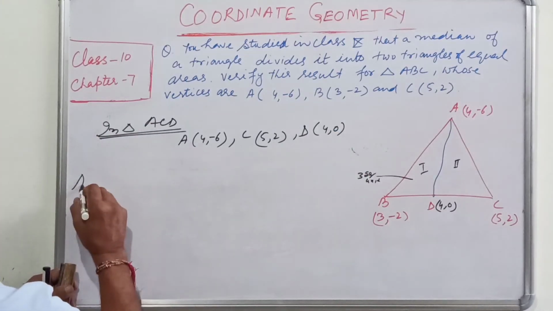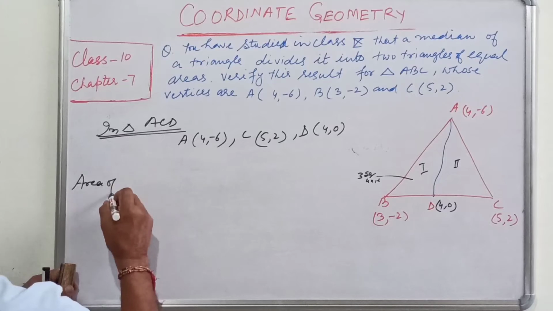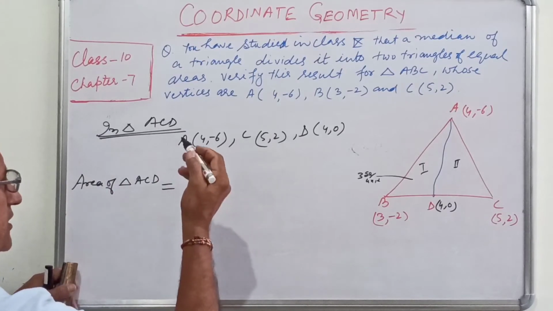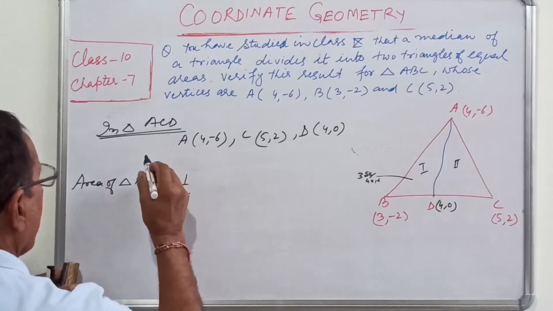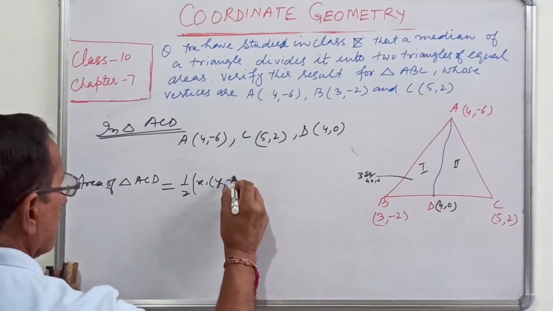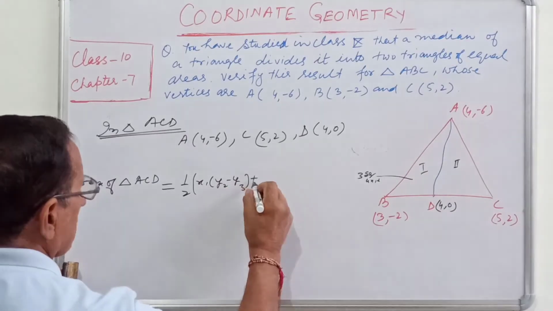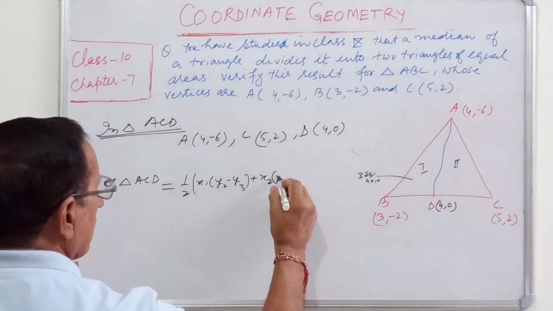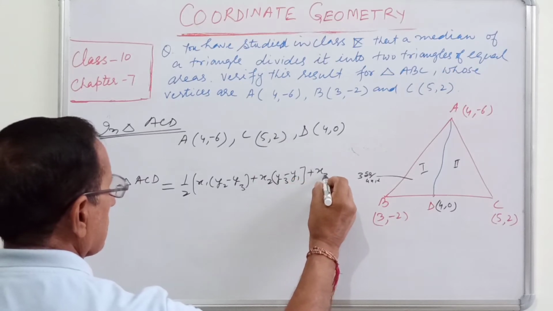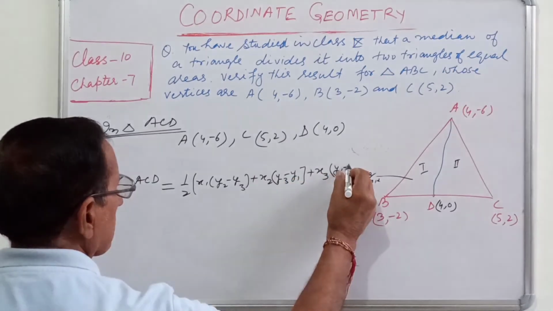So the area of triangle ACD, again using the same formula, I am writing the formula here: x1 into (y2 minus y3) plus x2 into (y3 minus y1) plus x3 into (y1 minus y2).